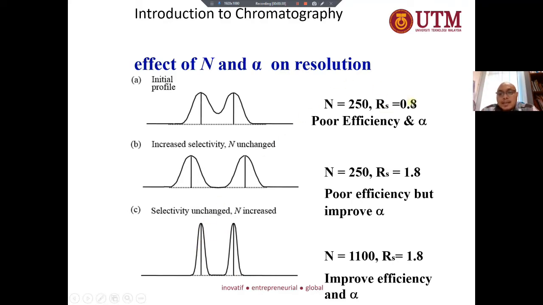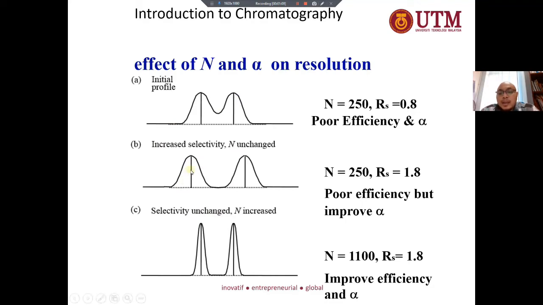Let's look at the RS. RS is for resolution. If RS is less than 1.5, it shows that they don't have separation. If the RS value is more than 1.5, it means that we can have total separation. Between these three chromatograms, chromatogram A is 0.8, meanwhile B and C are 1.8.